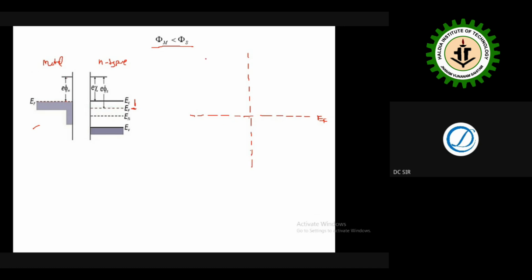This is the metal, and this is the N type, with the conduction band EC closer to the Fermi energy level, the valence band EV below the EF, and the vacuum level above, at chi or phi s.